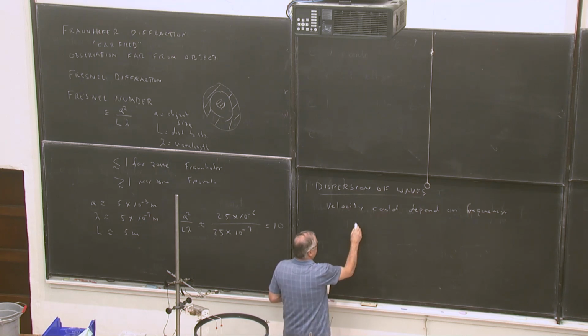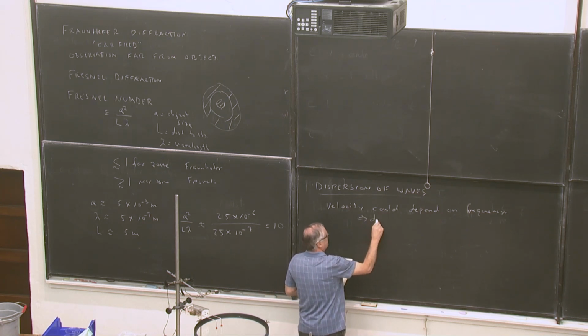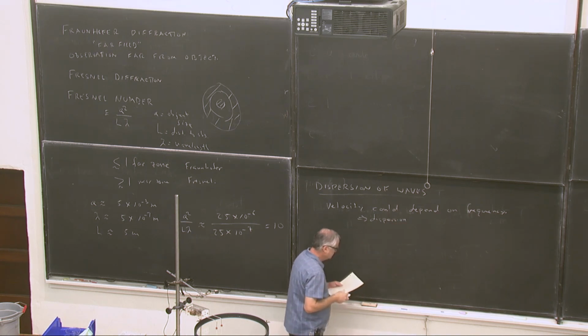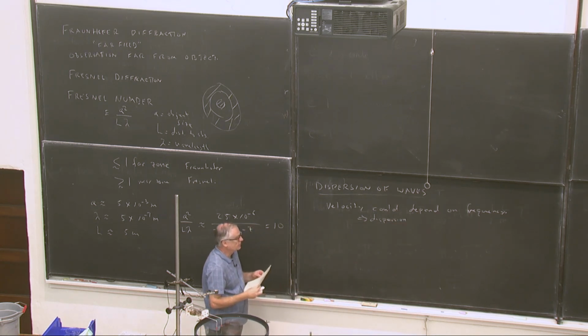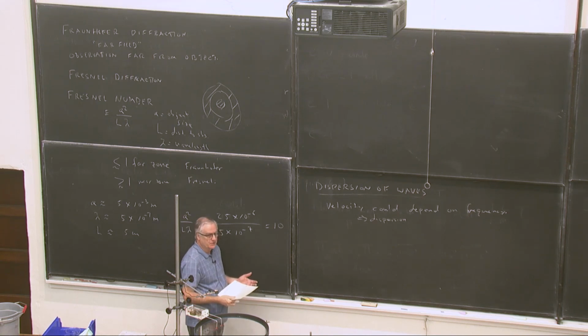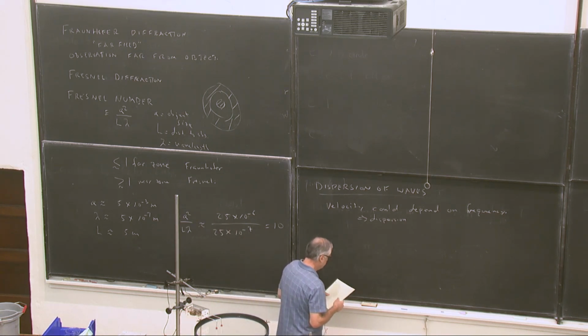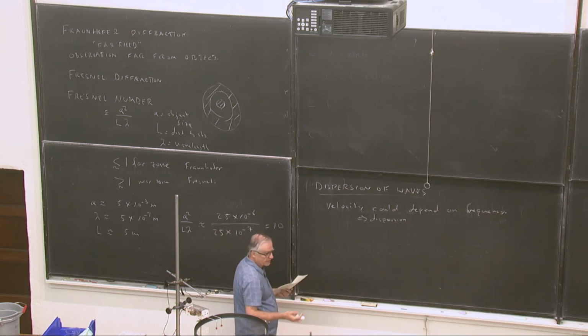And that introduces dispersion. If a wave has multiple frequency components, then depending on what we do with that wave, we can have the different frequency components do different things, follow different paths, or take different amounts of time.